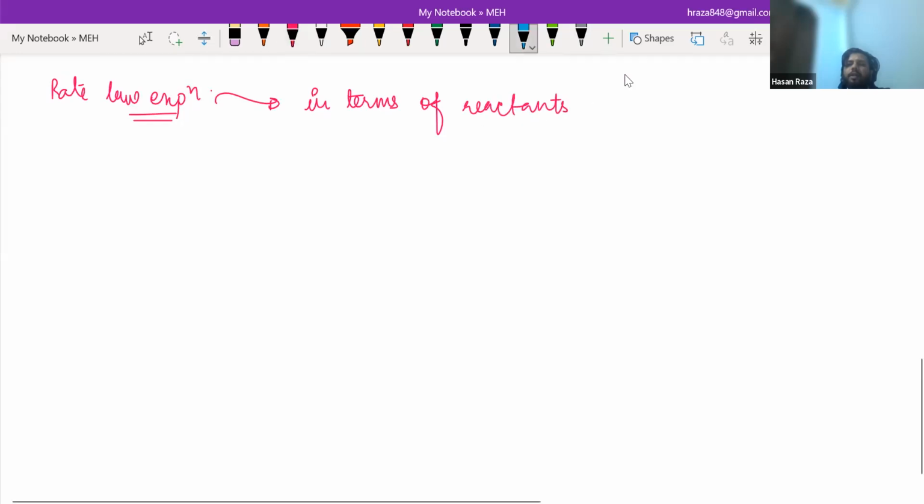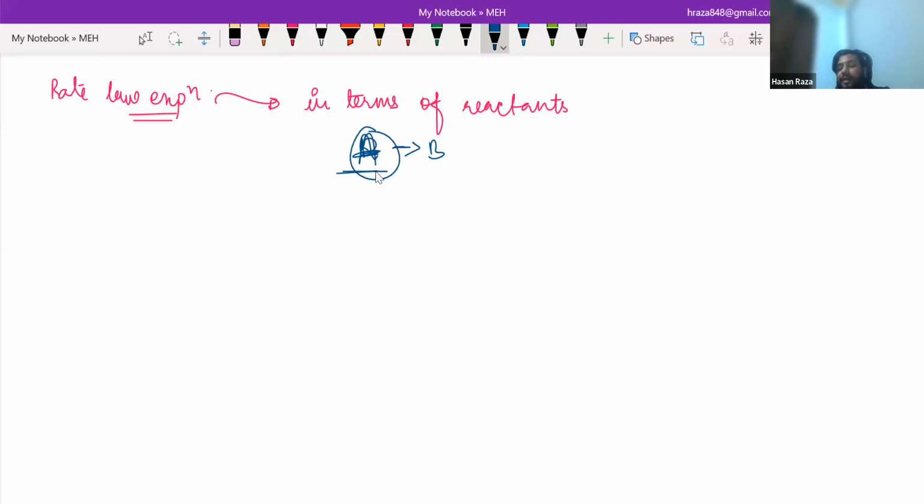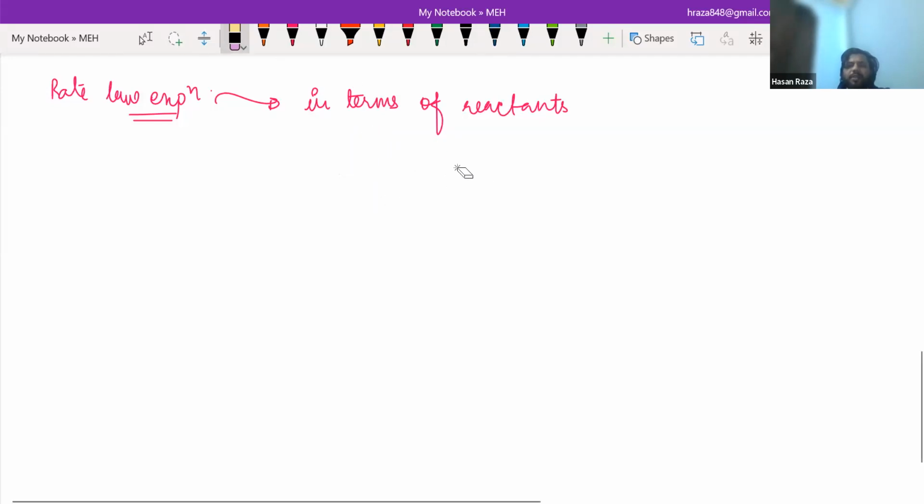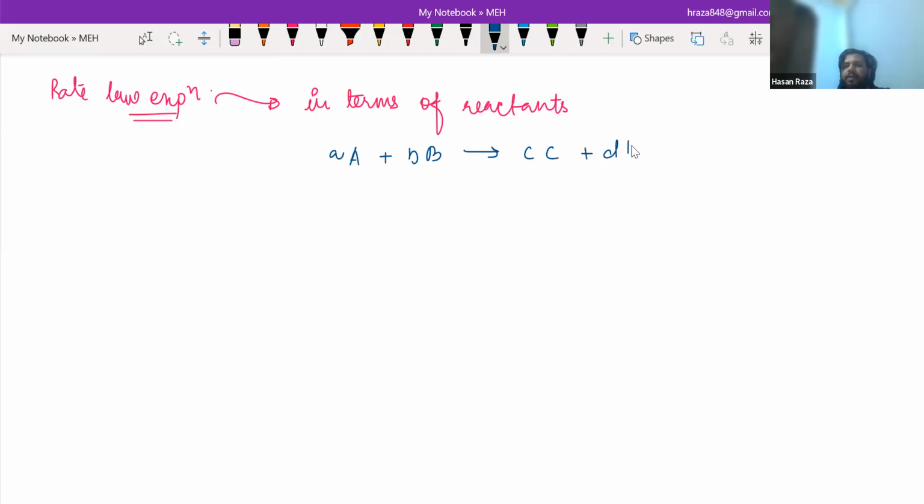It's also very important to note that if you have a reaction where A is converting into B, you just need to keep the focus on your reactants. Either it is 1, 2, 3, 4, whatever it is, just take it as aA plus bB that is going to give you cC and dD. So you don't need to deal with the product.